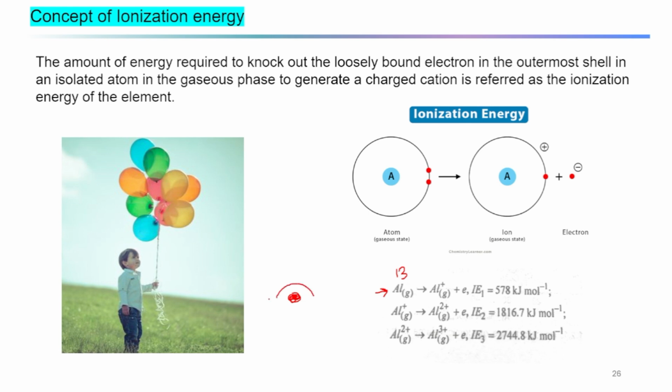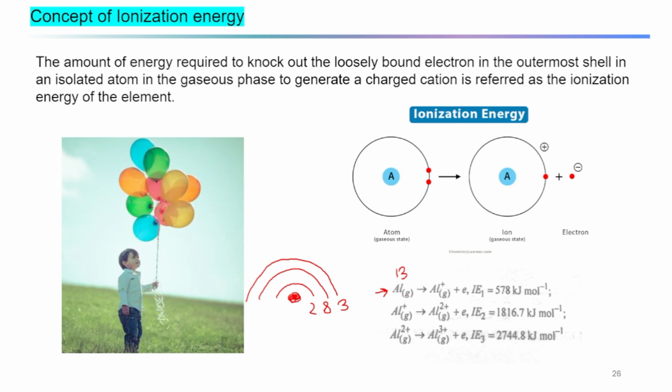Then we have 2 electrons in the first shell, 8 electrons in the second shell, and 3 electrons in the third shell. So 2, 8, and 3. In our outermost shell, we have 3 electrons, and all these 3 electrons we can take one by one.